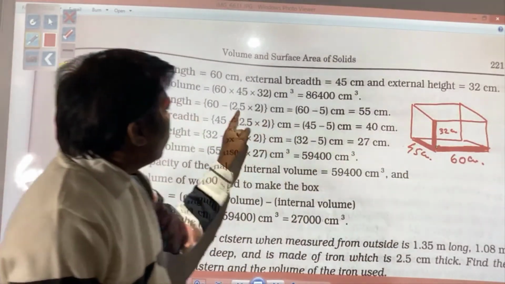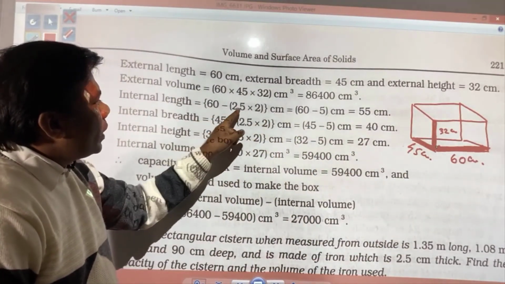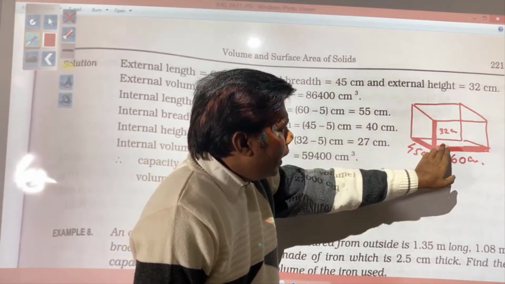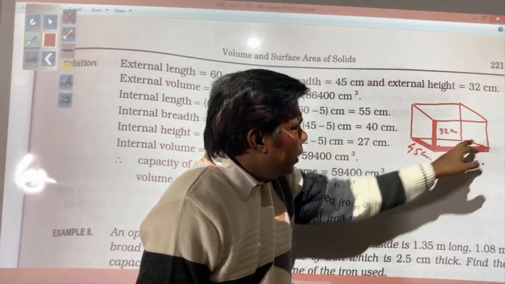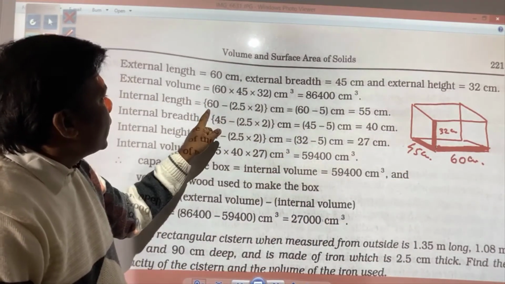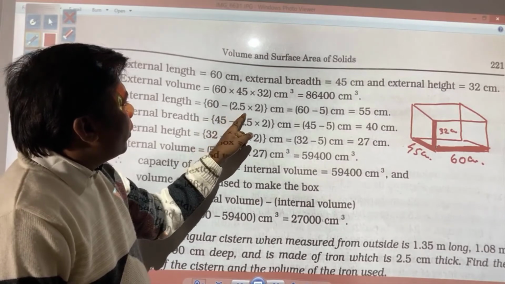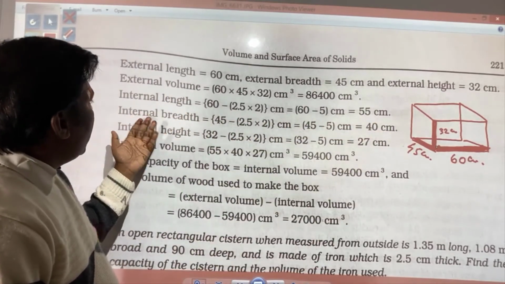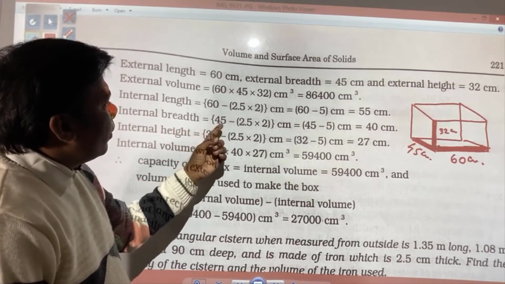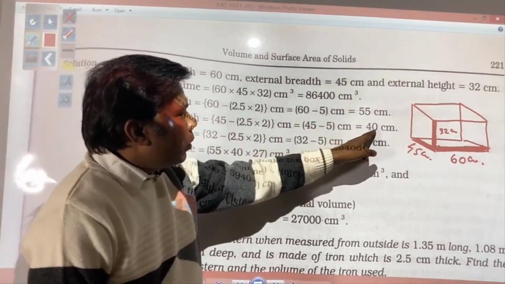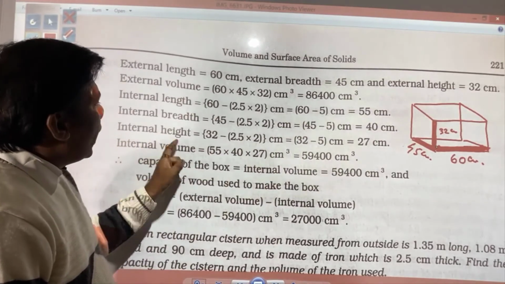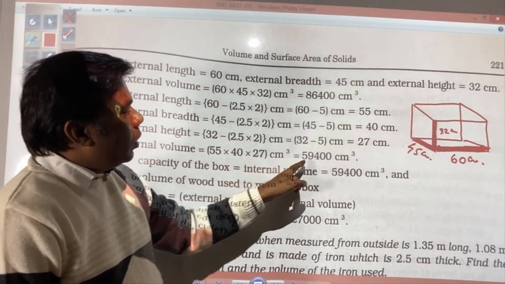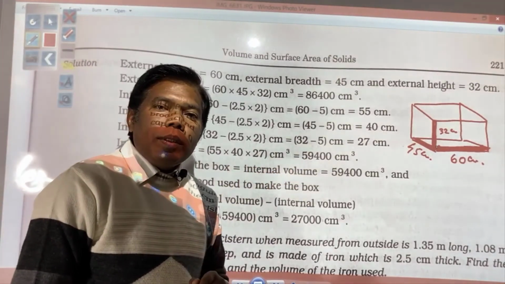So 60 minus 2.5 into 2, that is 55 centimeter. In the same way, internal breadth, 45 minus 2 into 2.5, that is 40 centimeter. Internal height will be 25 centimeter. Now internal volume is equal to 55 into 40 into 25.